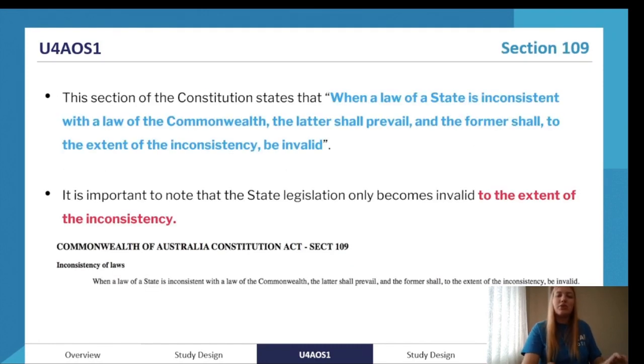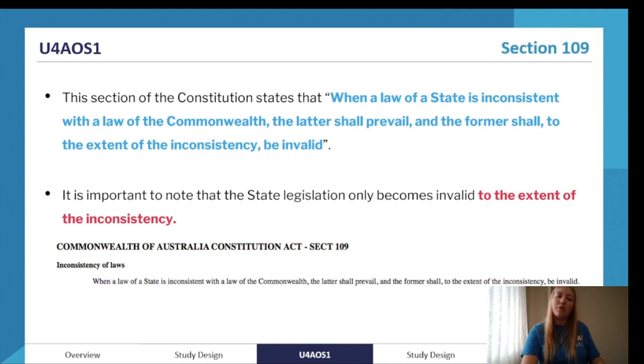So let's instantly jump into section 109 and look at its significance and what it does when we have concurrent laws. This section of the Constitution states that when a law of a state is inconsistent with a law of the Commonwealth, meaning the two are clashing, the latter shall prevail, and the former shall, to the extent of the inconsistency, be invalid.